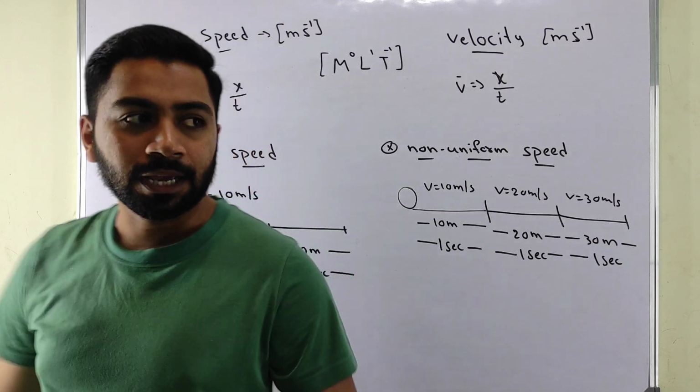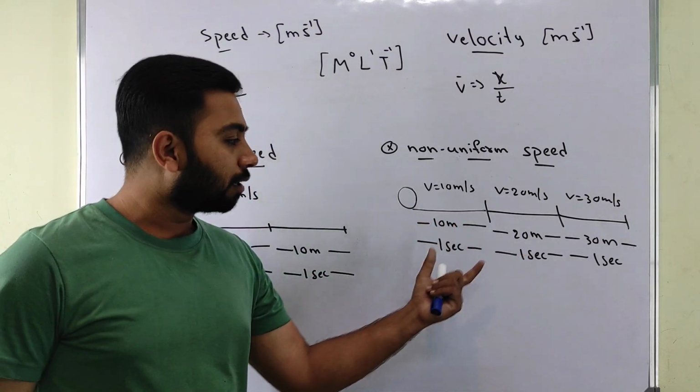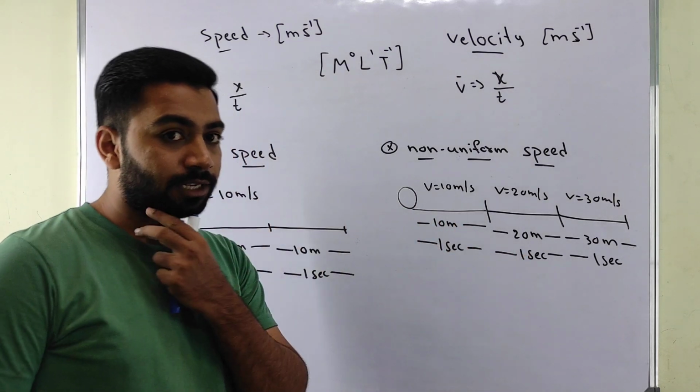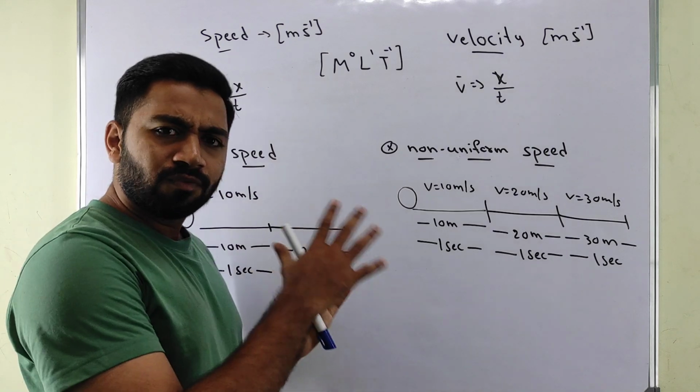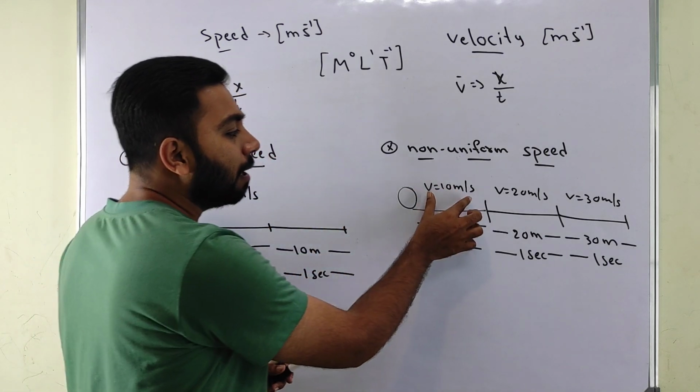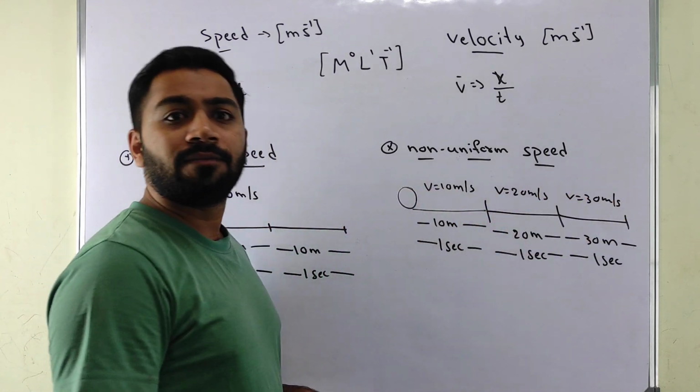So a particle covering unequal distance in equal interval of time. Non-uniform speed comes only when the particle has different speed or velocity.